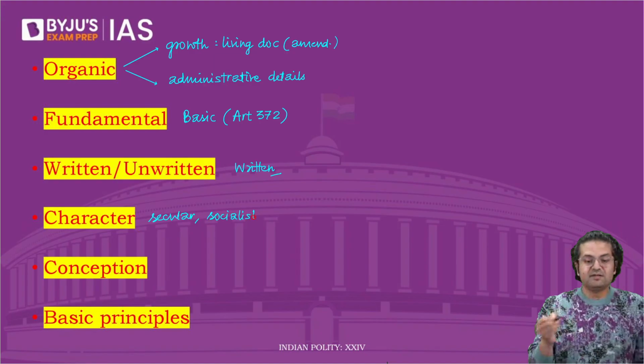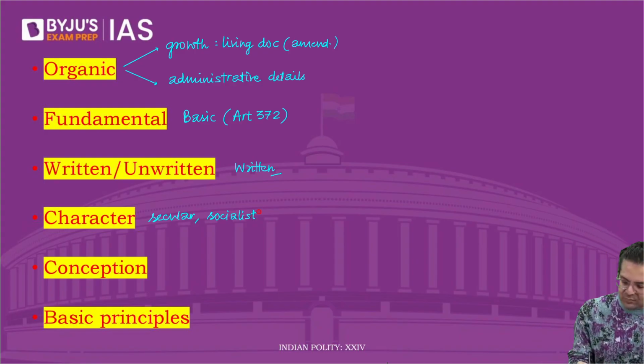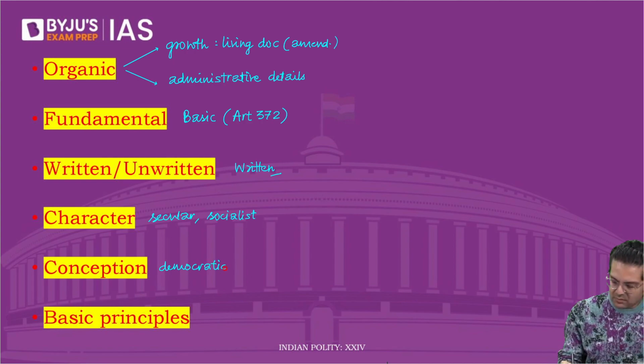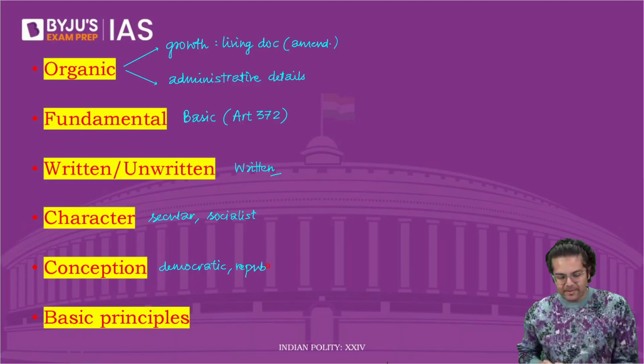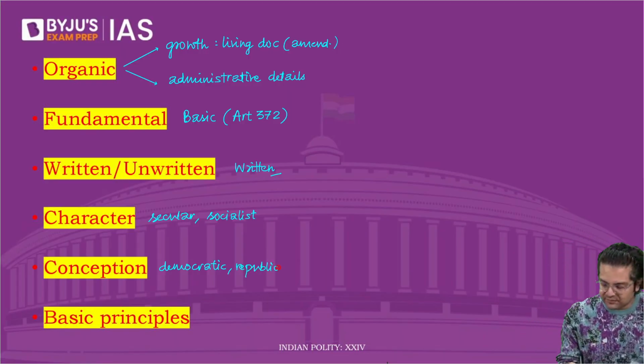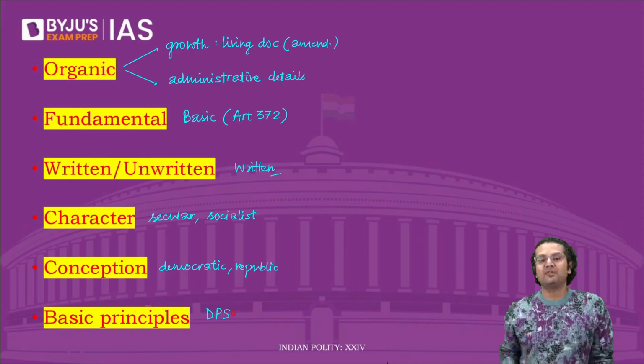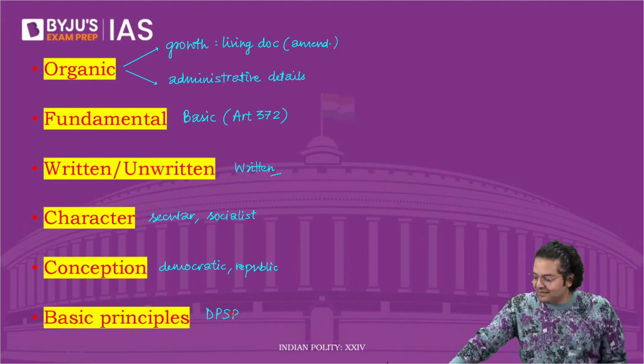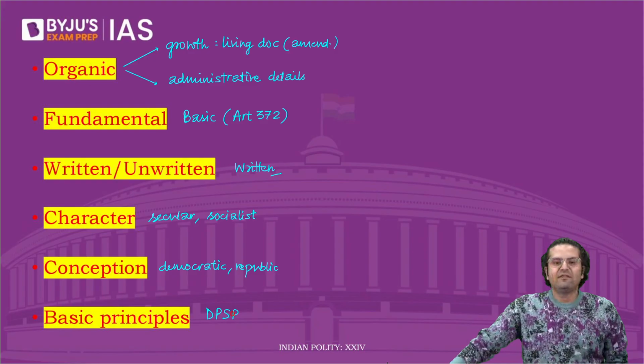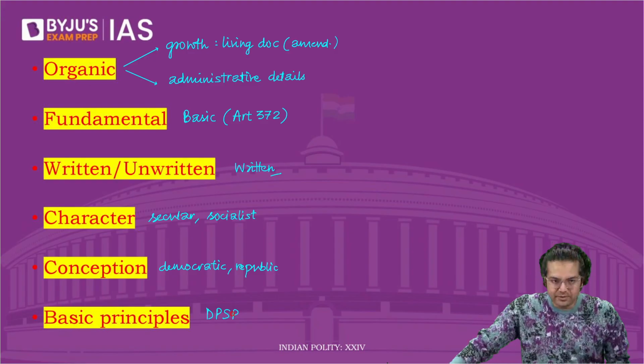Then conception. How is the government conceived? Democratic republic. Basic principles, BPSP, are those basic principles to which our internal life is conformed.